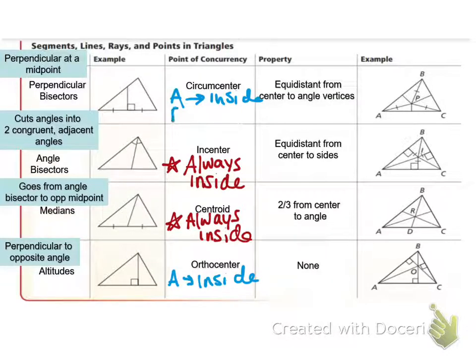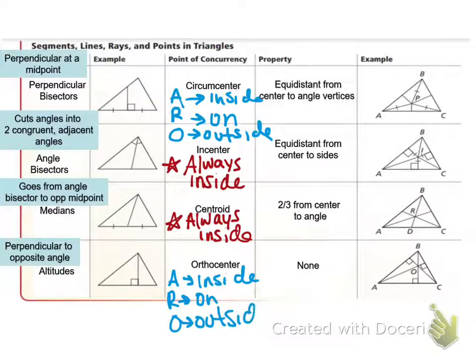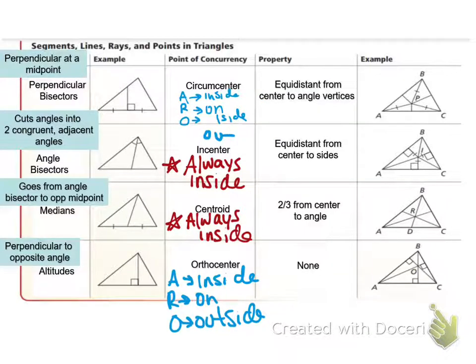In a right triangle, it is on the side. In, on, out. Because obtuse is going to be outside the triangle. So keep in mind that is for a circumcenter and for an orthocenter.